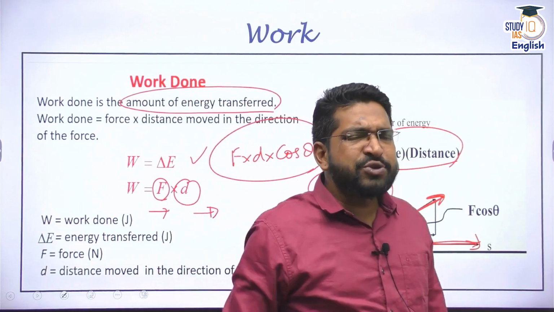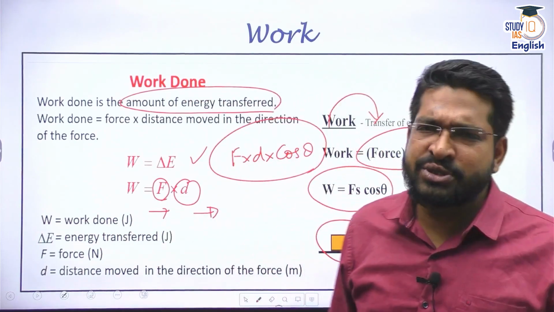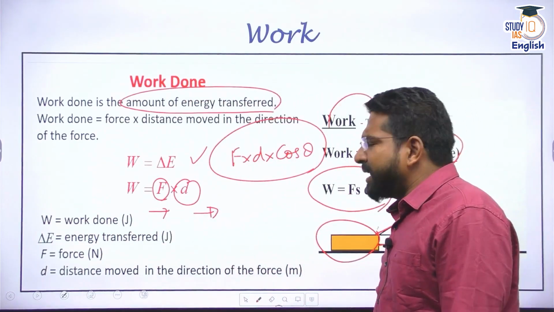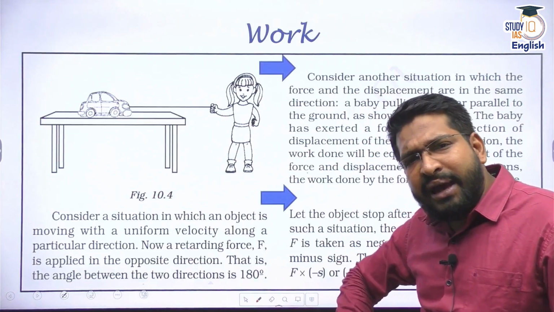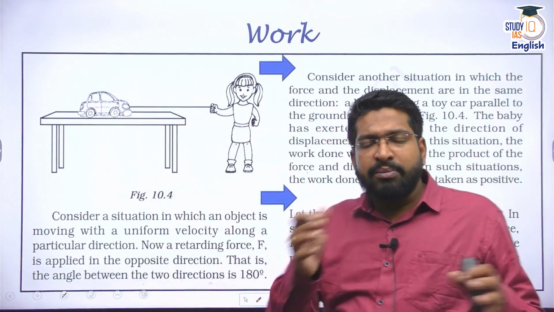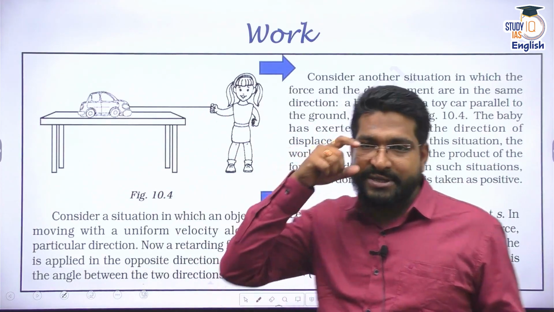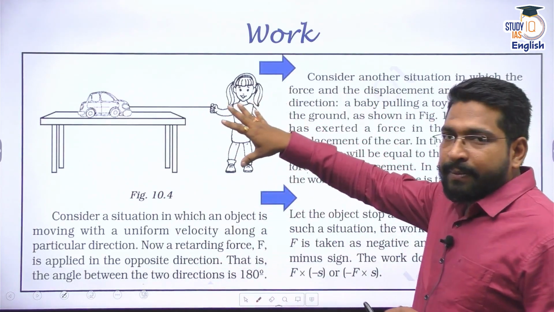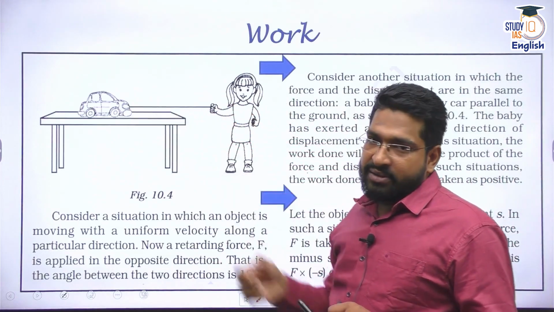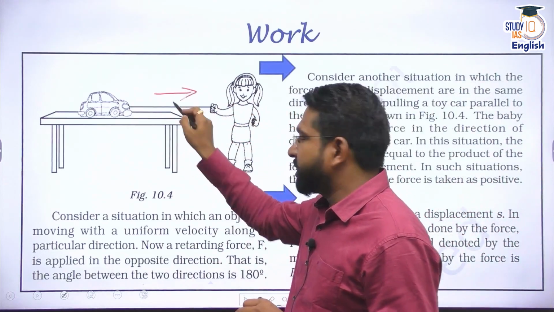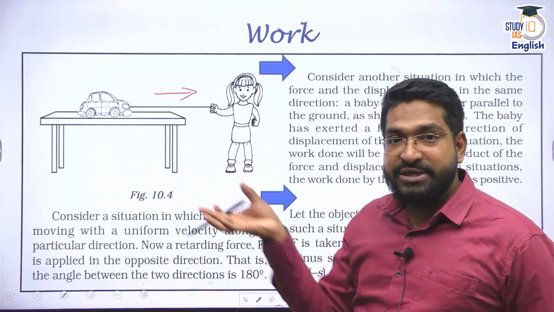So on the basis of this scientific explanation or scientific idea of work, we can understand that work can actually be negative, work can be positive, or work can even be 0. For instance, this little girl is pulling this car by a thread. She's pulling this car towards her. That means she's applying some force.